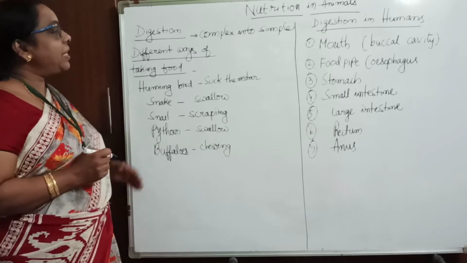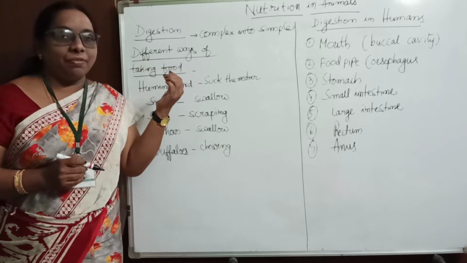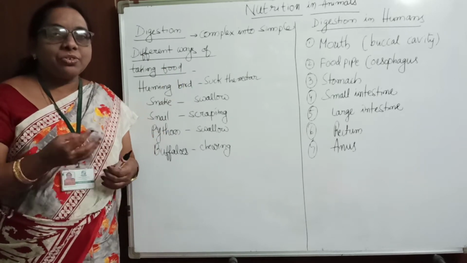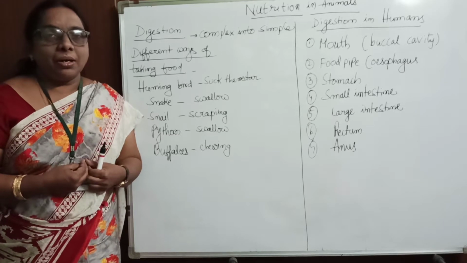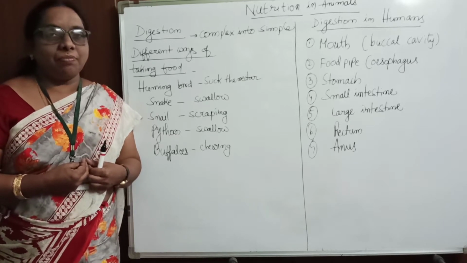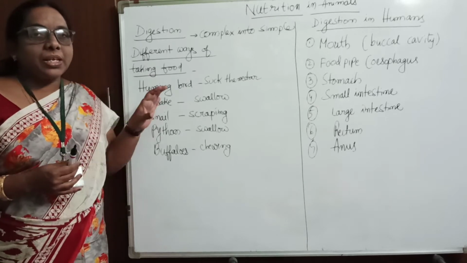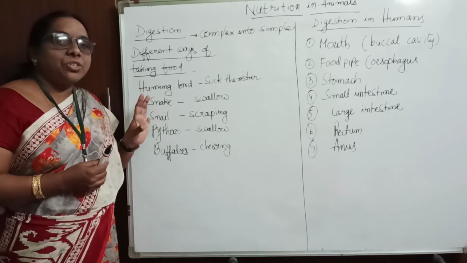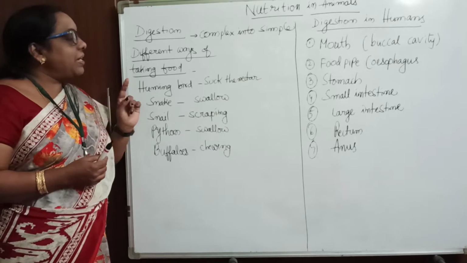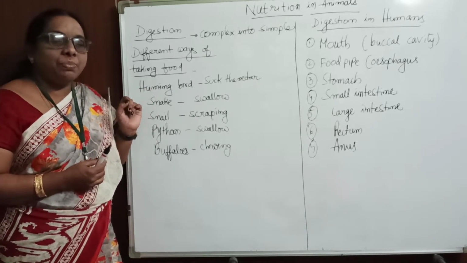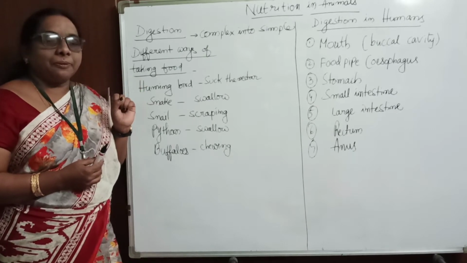Now see the different ways of taking food. We human beings take food with the help of the mouth, we chew the food and swallow, which we will study clearly later. If you see other animals, the hummingbird sucks the nectar.